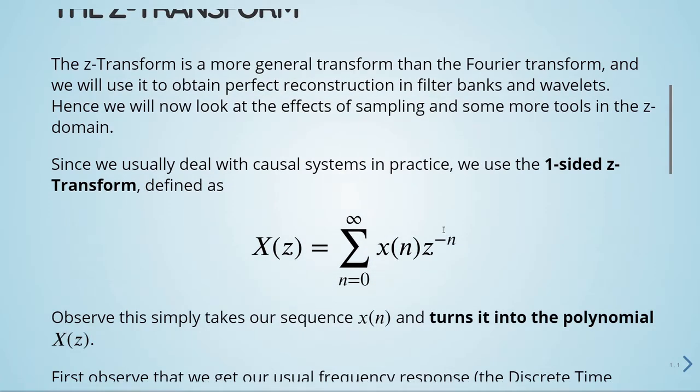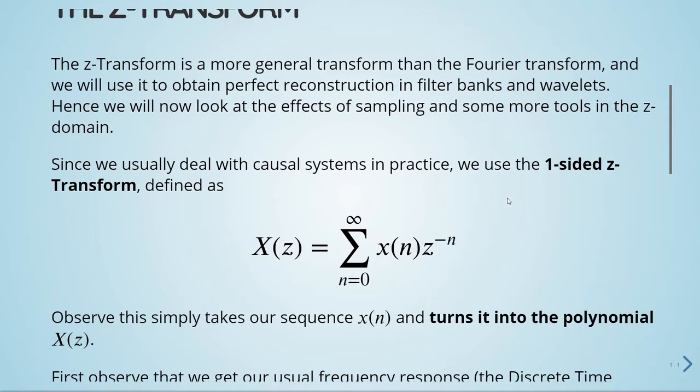Since we usually deal with causal systems in practice, we're going to use the one-sided Z transform as defined by this summation here. So it's going from 0 to infinity for the causal system. This is the signal in the discrete domain, the samples n, and this is z to the power of minus n.